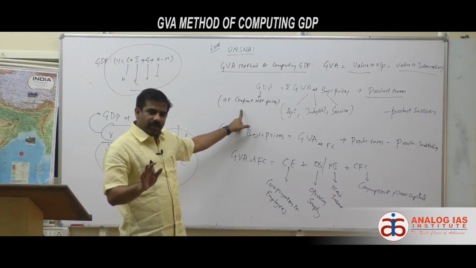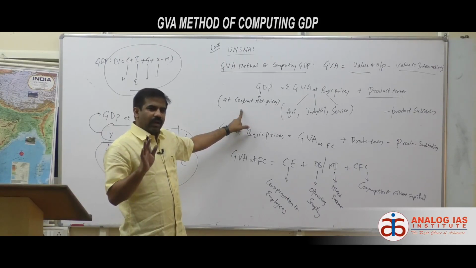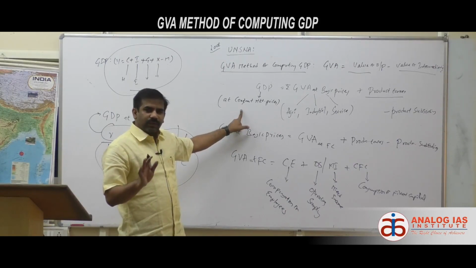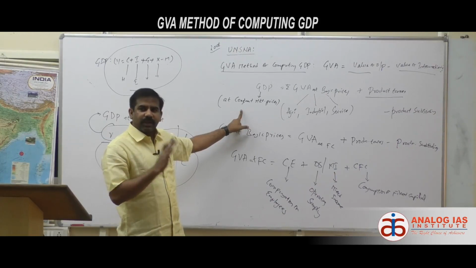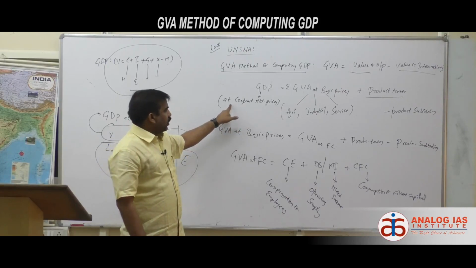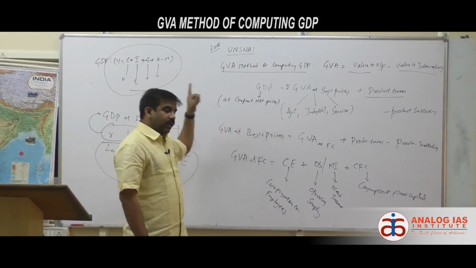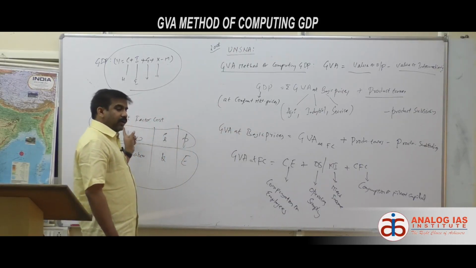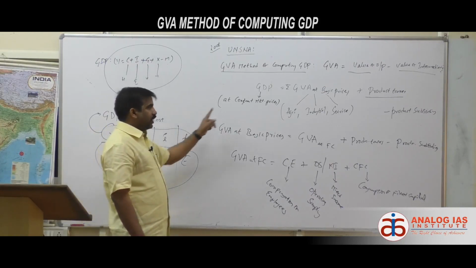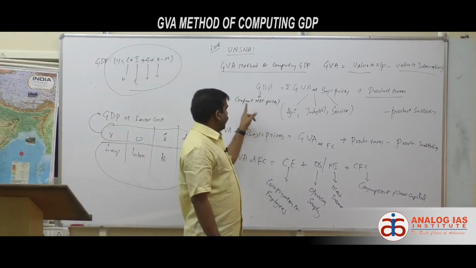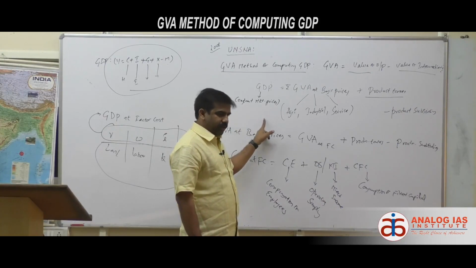What are constant market prices? I will explain, don't worry. Since the beginning of 2015, when India adopted this method, we compute GDP at constant market prices. Previously we used to compute GDP at factor cost. Now the change from 2015 is we compute GDP at constant market prices.